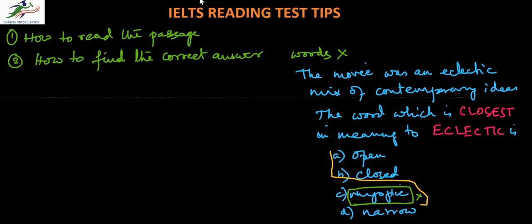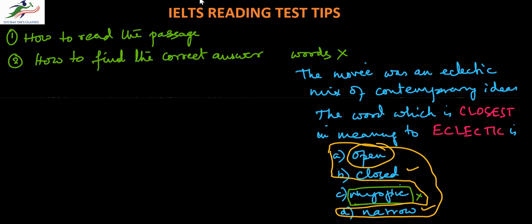Now these are simple words and I'm sure you know the meaning of all these words. So you see that out of these three words, closed and narrow mean restrictive or confined, or something which is not open, which is not broad. And open is exactly opposite in meaning.